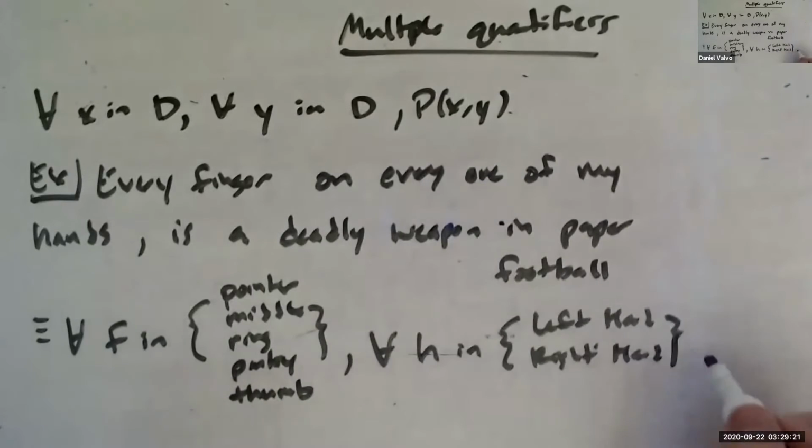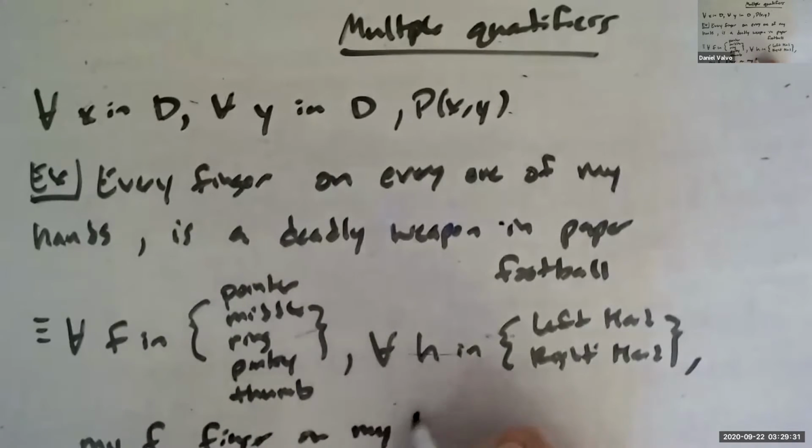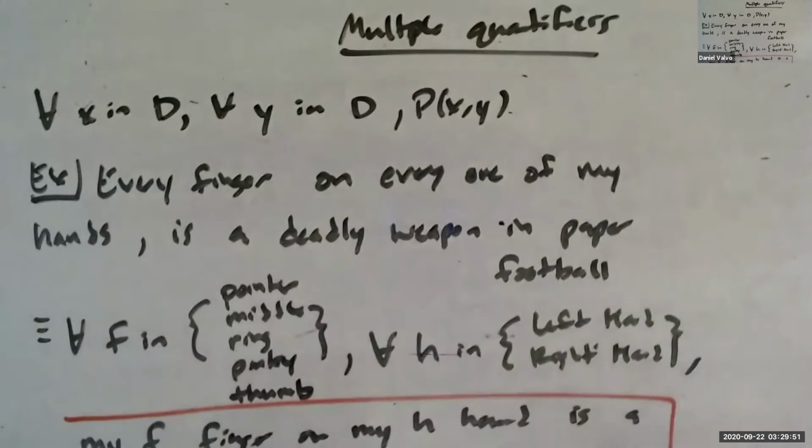For all that, my F finger on my H hand is a deadly weapon in paper football. So that's our statement. And this right here is our predicate Q of F, H.